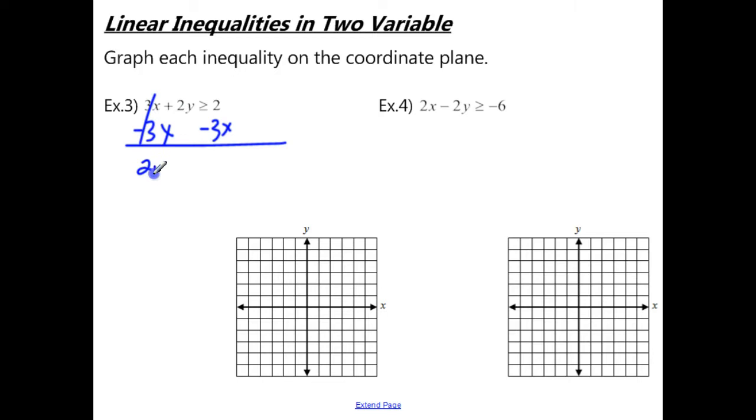And then we get 2y is greater than or equal to -3x plus 2. And then divide by 2. And then you're left with y is greater than or equal to -3/2 x plus 1.